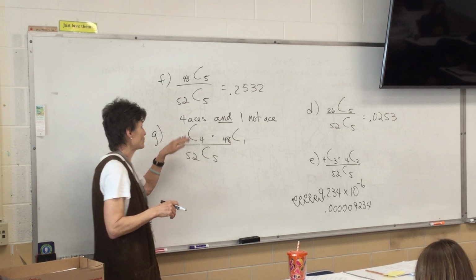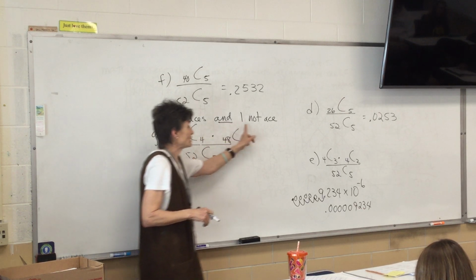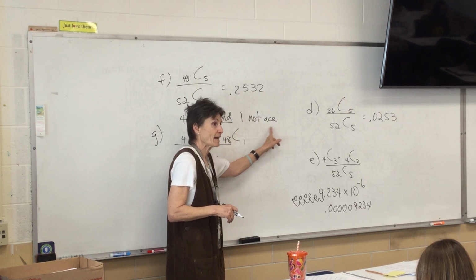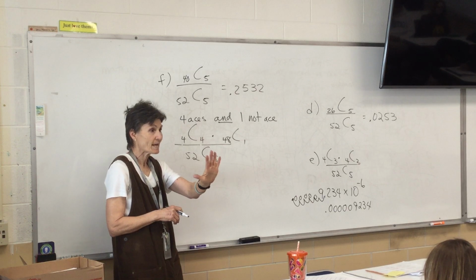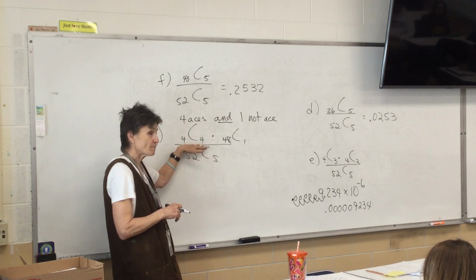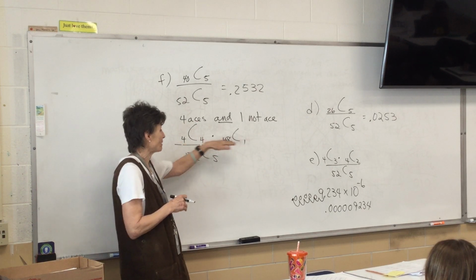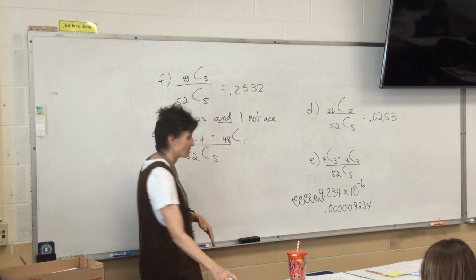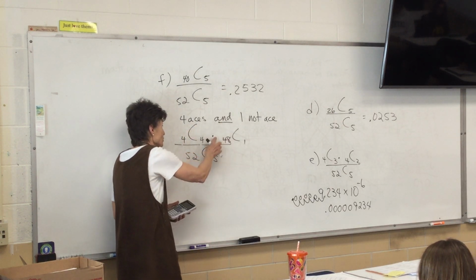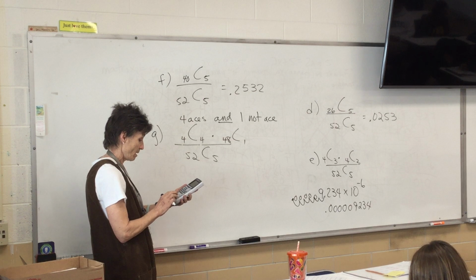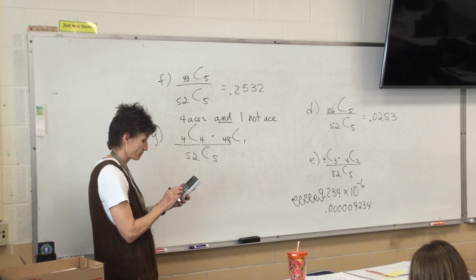What makes this problem tricky is they don't mention this. You have to figure that out on your own. It's a 5-card hand. 4 of them are covered by the aces, but the 5th one has to be something else. And it's an and situation, so we're multiplying. All right, so here we go.